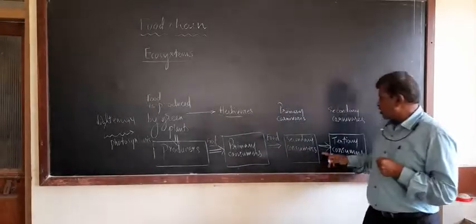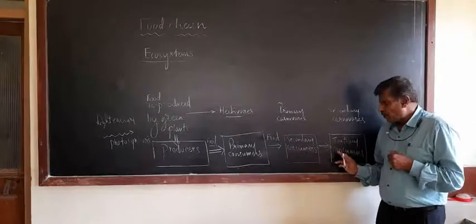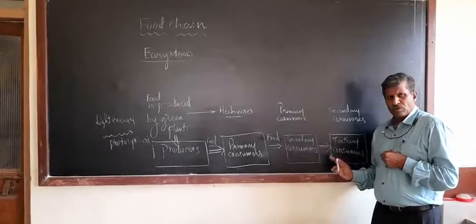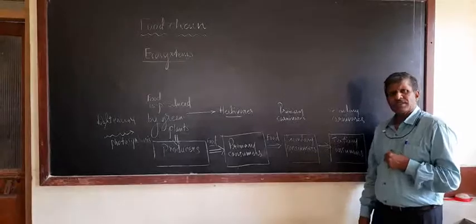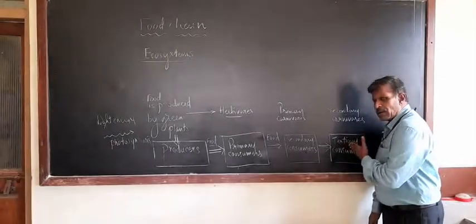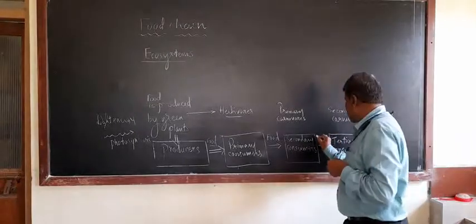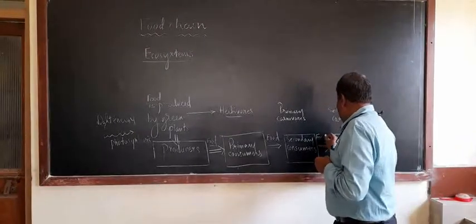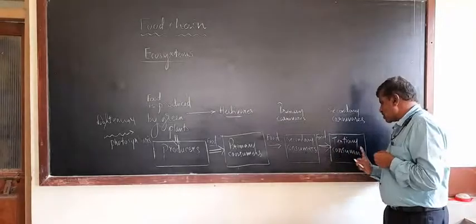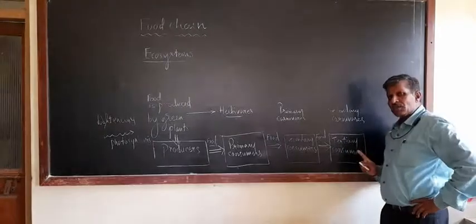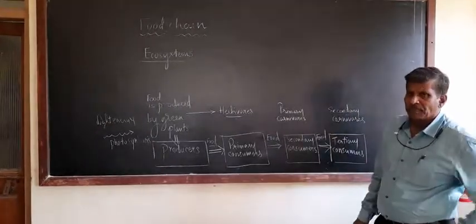The secondary carnivores usually feed upon the primary carnivores, which are regarded as secondary consumers. When tertiary consumers feed upon the secondary consumers, the food present in the secondary consumers is getting transferred to tertiary consumers.